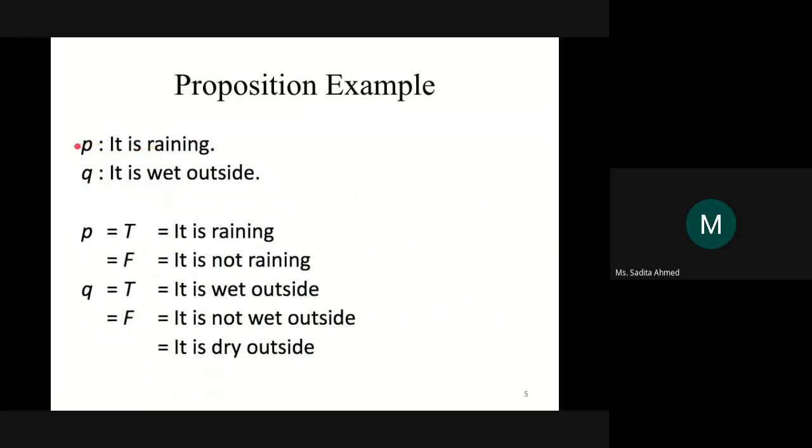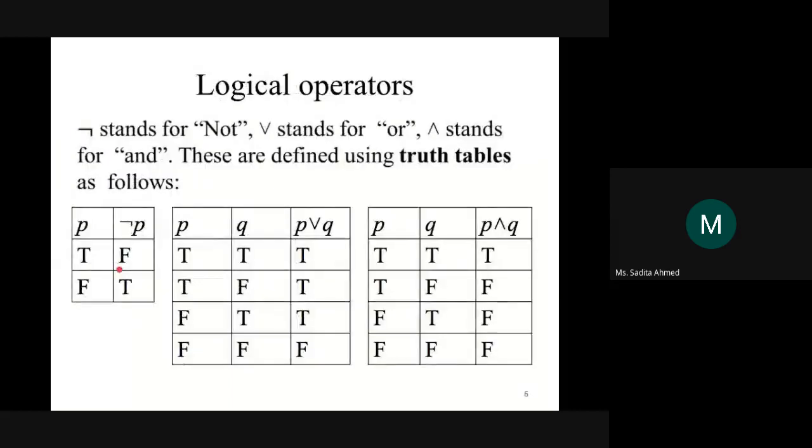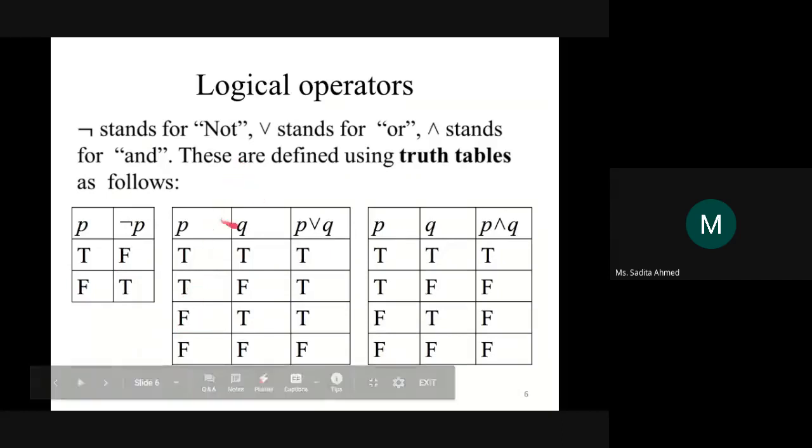That depends on the truth value of P, which we do not know. It can be either one of them. So when we construct a truth table, we have to take into account all possible values of P, all possible values of Q, and all possible combinations of the truth values of P and Q. That's what we do.